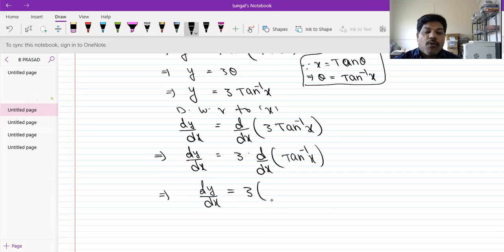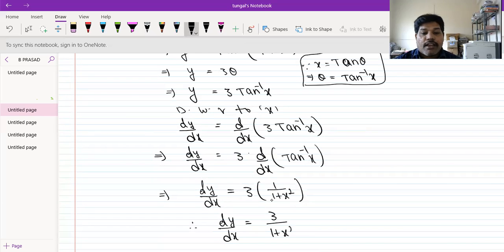What is the derivative of tan inverse x? We have already used that a number of times. That is nothing but 1 by 1 plus x square. Therefore, dy by dx is equal to 3 by 1 plus x square.